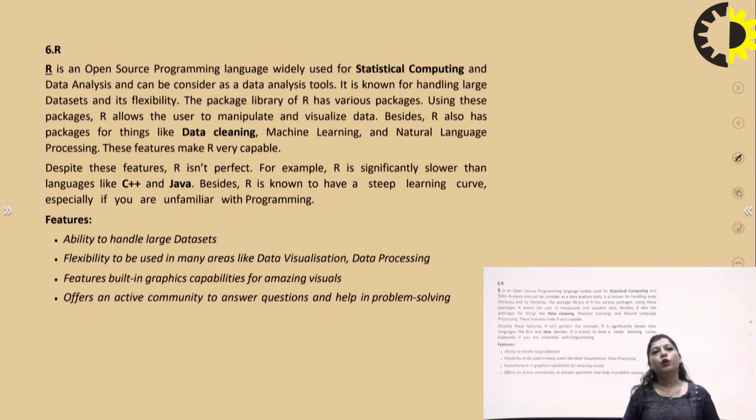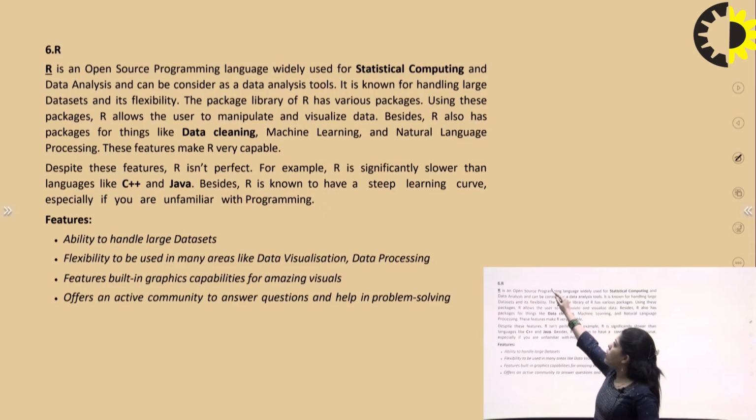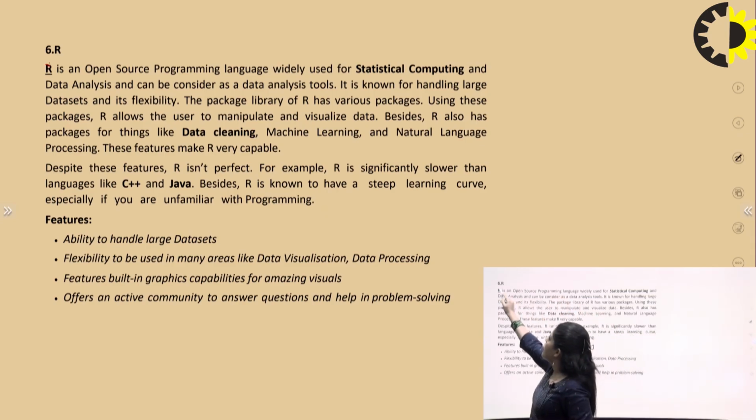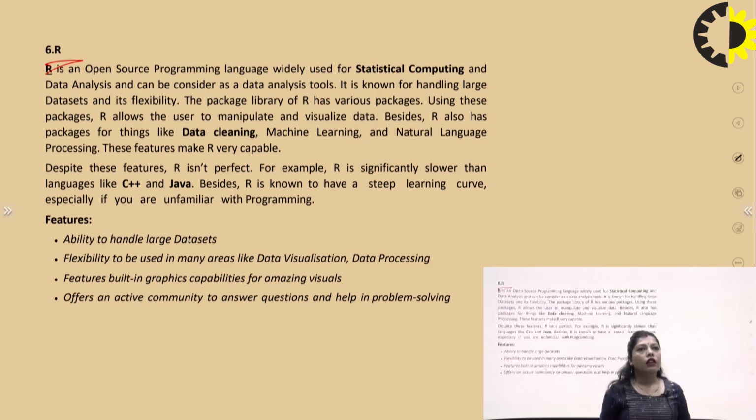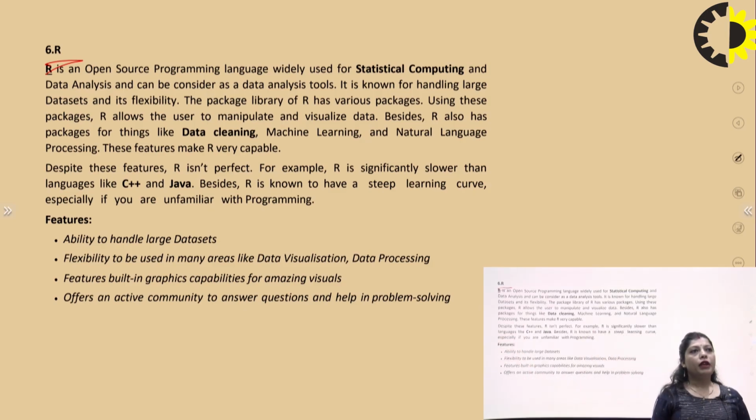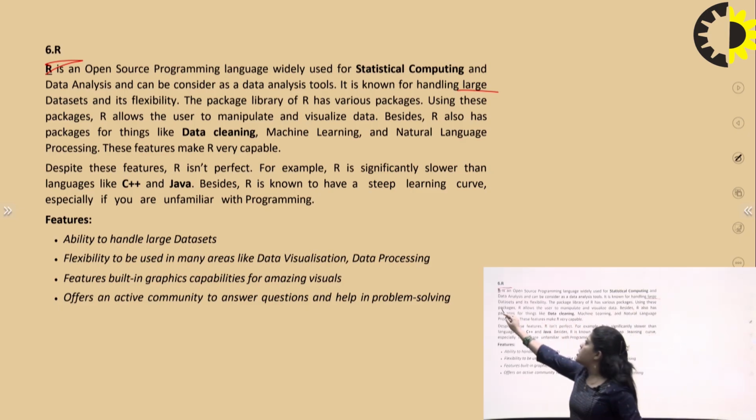Next tool is R. R is an open source programming language which is used for statistical computing and data analytics, and can be considered a data analysis tool. So this programming language can also be used as a data analysis tool. It is known for handling large data sets and its flexibility.